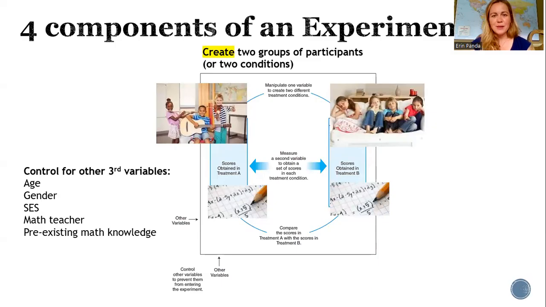So in an experiment, it would look something like this, where we're taking a large group of participants who have agreed to participate in our study. We're creating two conditions: the music training condition and the nothing condition. And we're manipulating this variable to create these two conditions. We're assigning participants in such a way that we're controlling for other third variables, so that groups are as equivalent as possible on all other variables that could contribute to their math scores.